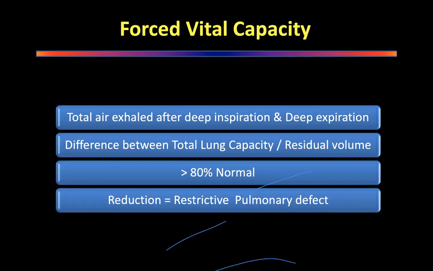There are two types of pathologies in the lung. One is when there is an obstruction to the flow of air through the bronchi. That is called obstructive pathology. Things like asthma, things like tumors in the trachea, are all obstructive lung pathologies.